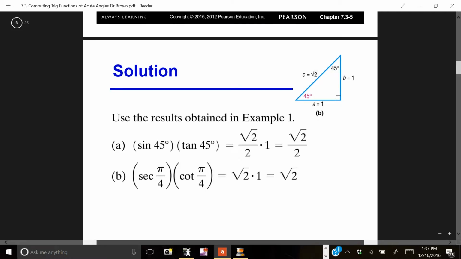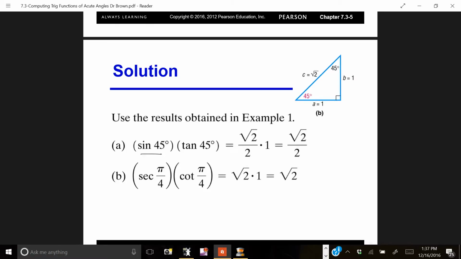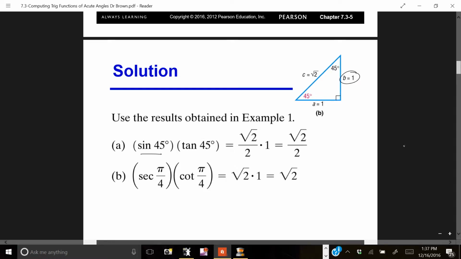So still looking at our triangle, sine of 45 degrees is opposite over hypotenuse, which is 1 over the square root of 2, which is the square root of 2 over 2. And tangent of 45 degrees is opposite over adjacent, which is 1 over 1. So our answer is the square root of 2 over 2.